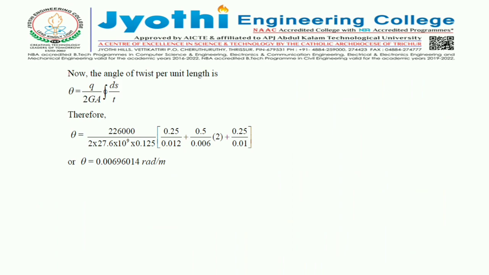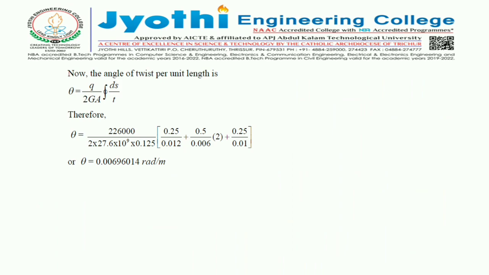Next, we have to find angle of twist per unit length. Theta is equal to Q by 2GA into integral ds by t. Substituting values in the given equation, Q is equal to 2,26,000, G is equal to 27.6 into 10 raised to 9, A is 0.125.